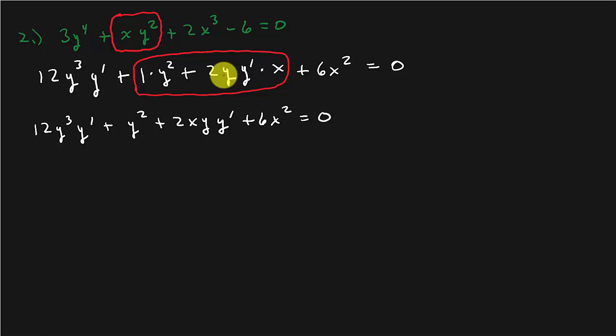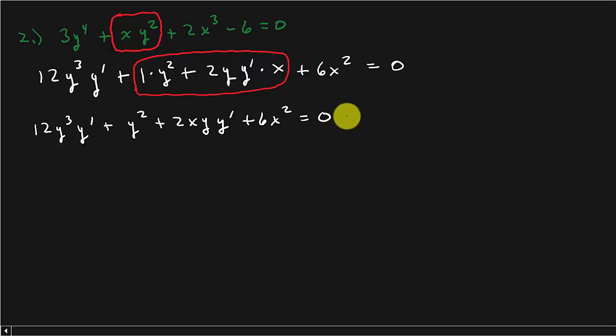So now let's solve for y prime. Anything that does not have a y prime has to go on one side, and everything that has a y prime goes on the other side. So I've got 12y cubed y prime plus 2xy y prime is equal to negative y squared minus 6x squared.